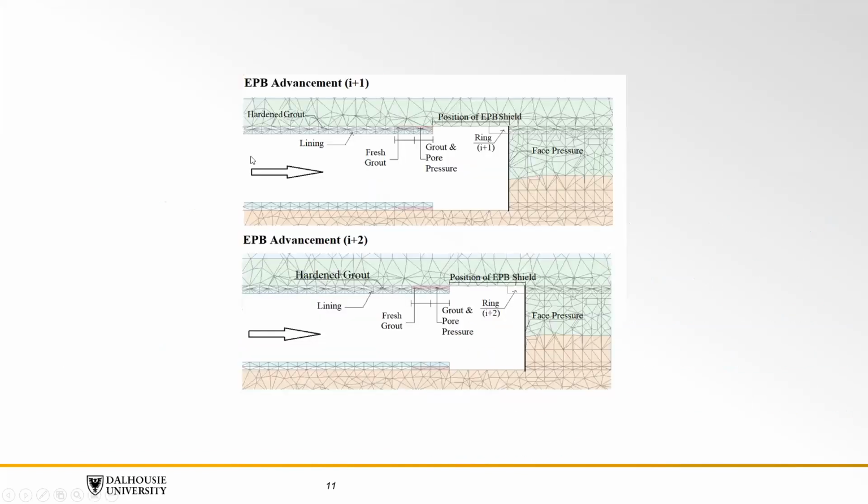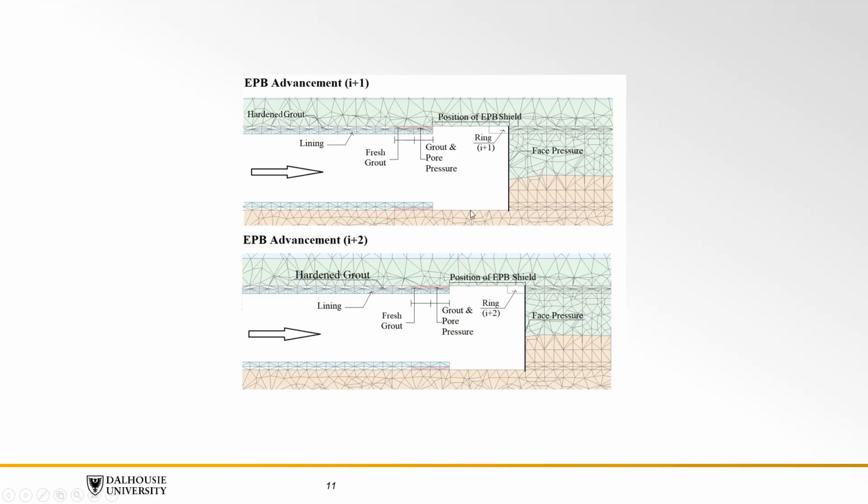So here I'm just summarizing what this entails in 3D. As we said, we have face pressure here that will be applied, and we have the weight of the conical shape earth pressure balance machine. This is the shield of the machine.